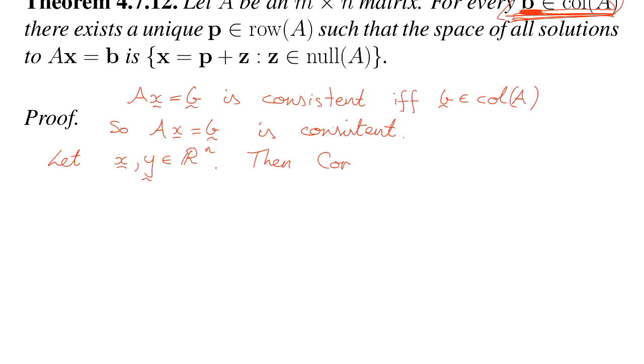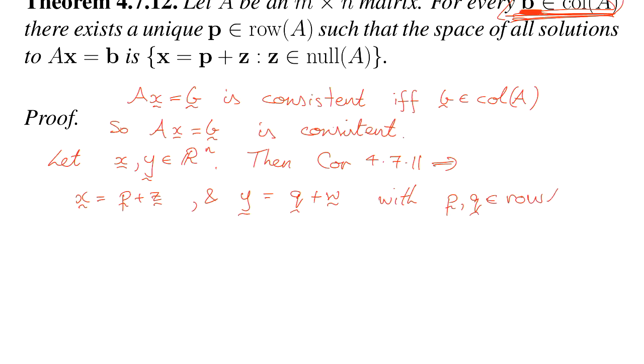So our corollary from yesterday, 4.7.11, tells us that we can write x as p plus z and we can write y as q plus w, where p and q live in the row space and z and w live in the null space.